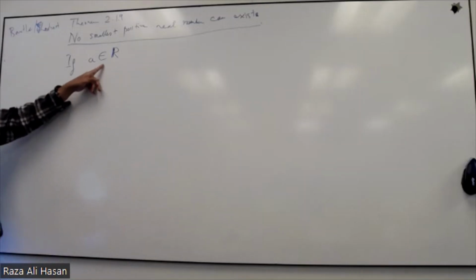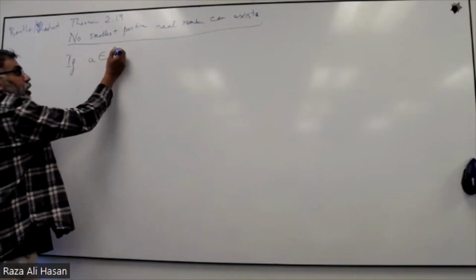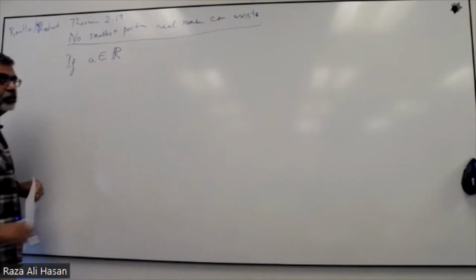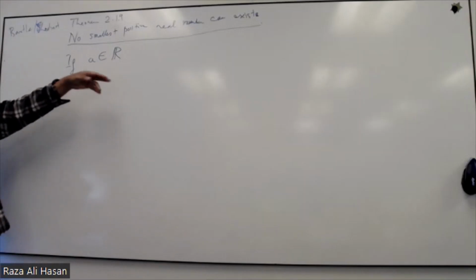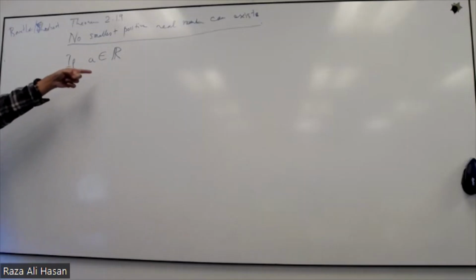You go, A is in this symbol right here with an extra line through, right? That's the set of real numbers, which are irrationals and rationals, everything, and their mother is in the set of real numbers.